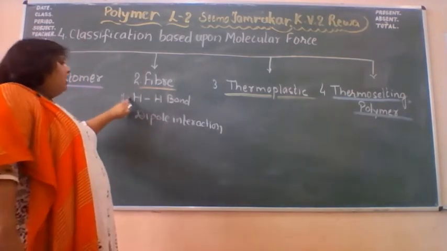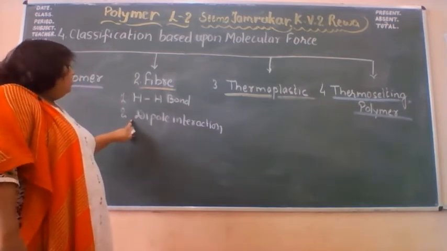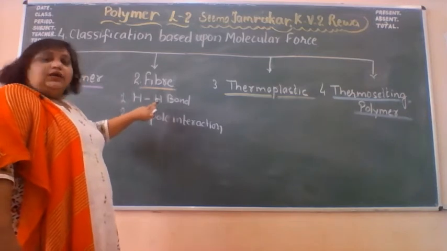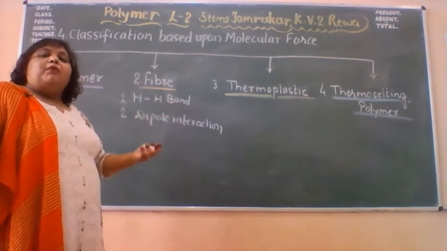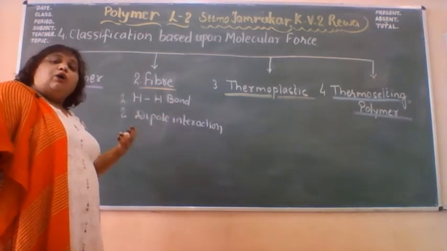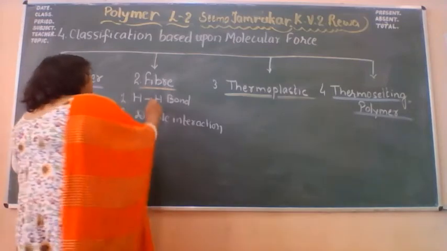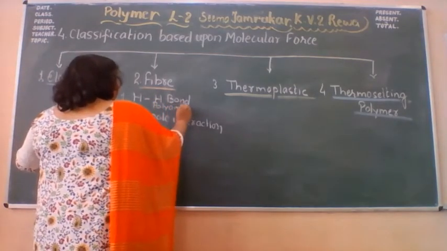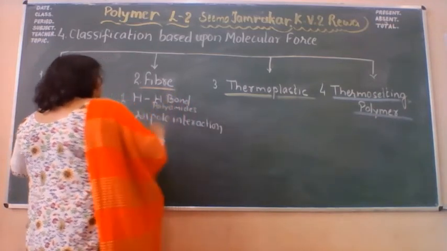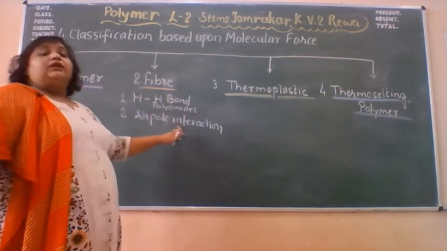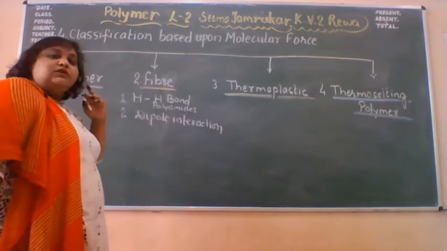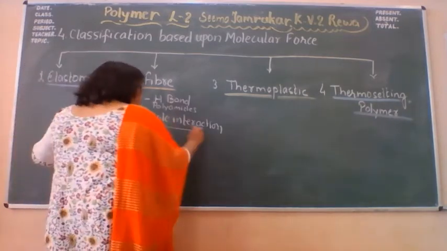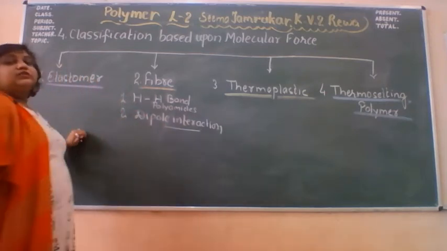The bonds that combine them together are these two bonds, hydrogen bonding, right. All the polyamides are examples of this category, and dipole interaction, copolymers, right, nylon 6, nylon 6 are examples of this category.